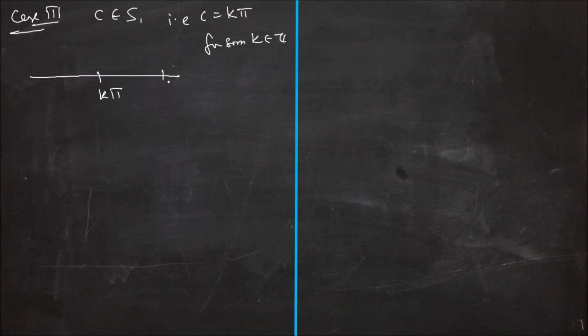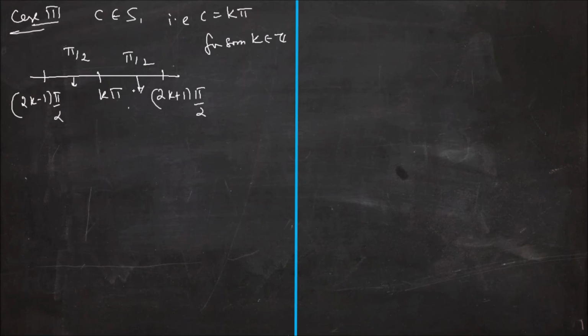Next is (2k plus 1) pi by 2. If I add pi by 2, this is pi by 2 distance, and if I subtract pi by 2, I get (2k minus 1) pi by 2. If k is even, this interval will be the first quadrant, and if k is odd, then this interval will be the third quadrant.